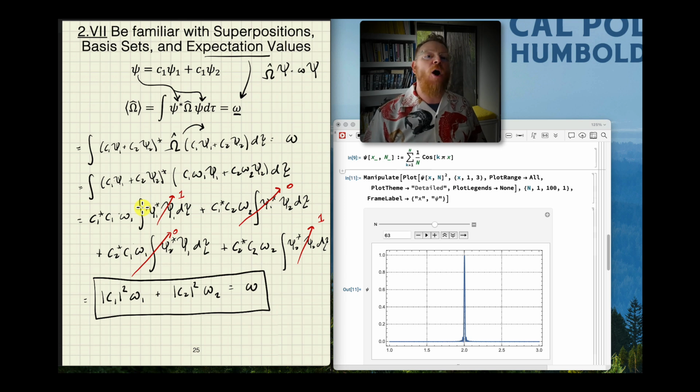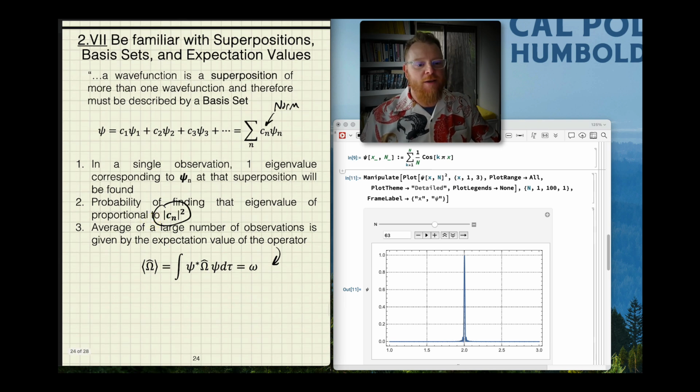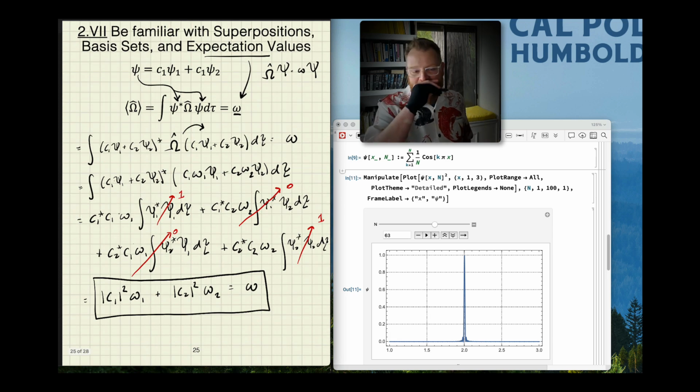And if we want to know the eigenvalue, the omega of any one of those individual results, that is proportional to the square modulus of that normalization constant. Beautiful. We have solved the crisis. And as it turns out, this result, as confusing as it might be, leads into a very famous result. We'll talk about that in the next video.